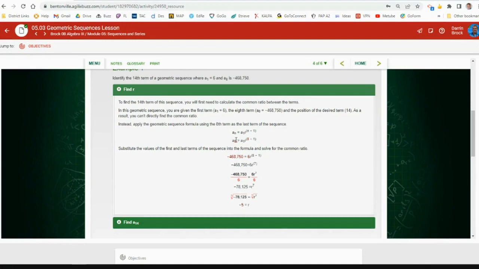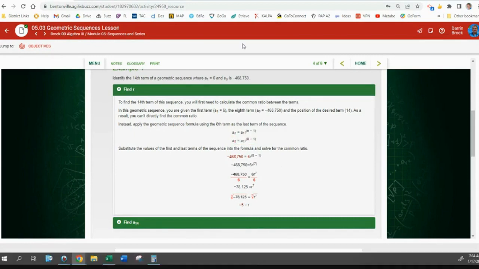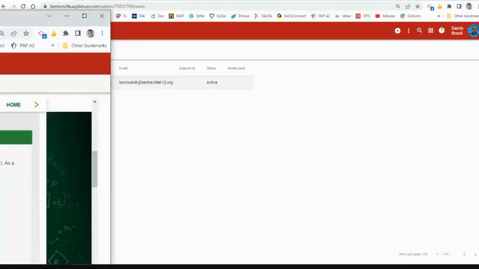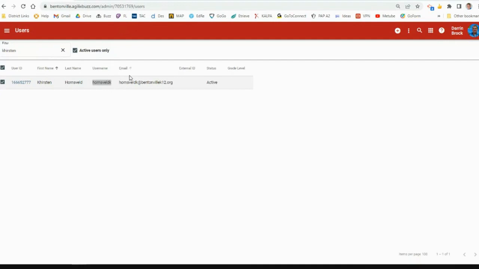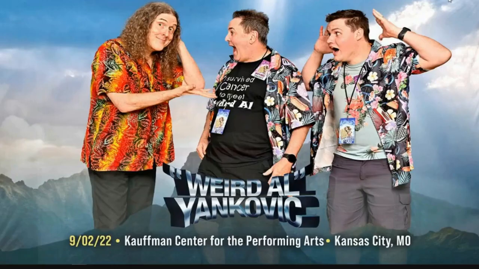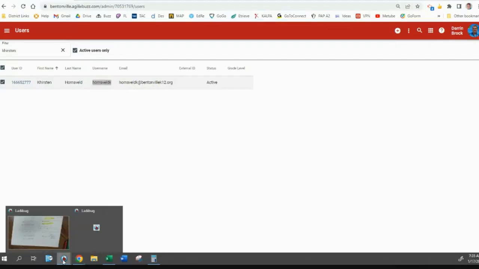So you can use the sequence we have and say a sub 8 equals this. Let me write this on paper so we can go over it together. I'm going to move this over to the screen. All right, let's step through this.